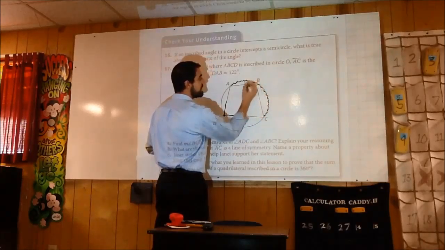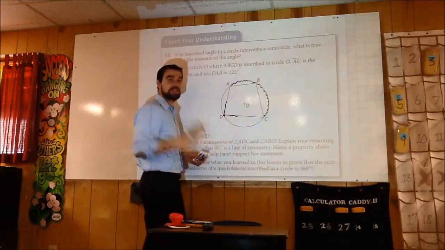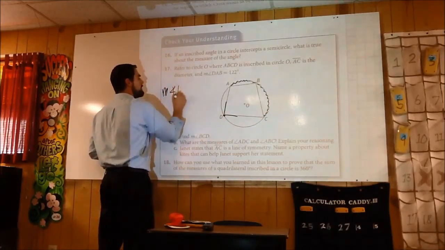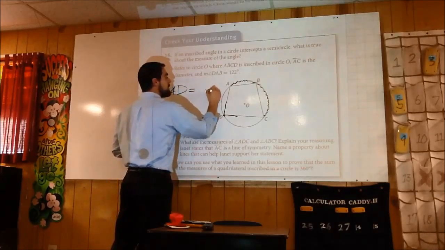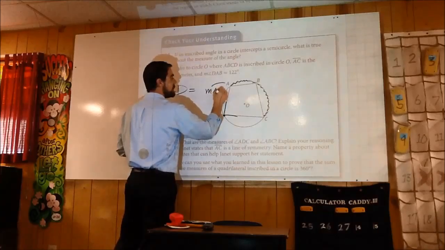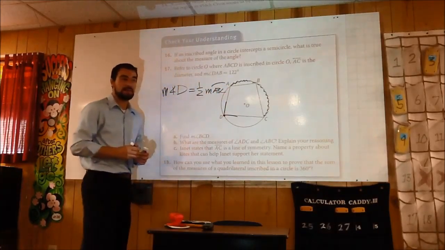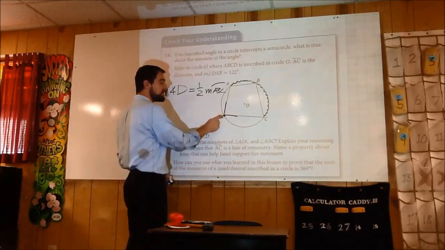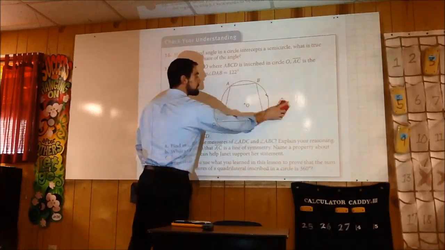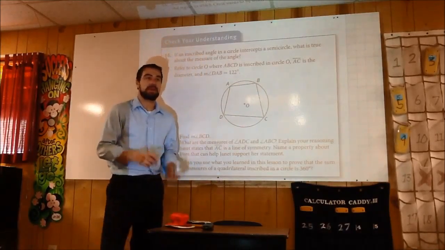This one is the intercepted arc from A to C. What's the relationship between the measure of angle D and the measure of the intercepted arc ABC? 1/2. It is 1/2. That's because it's an inscribed angle. The vertex is on the circle. Who remembers what happens with, nope, not yet. Never mind.